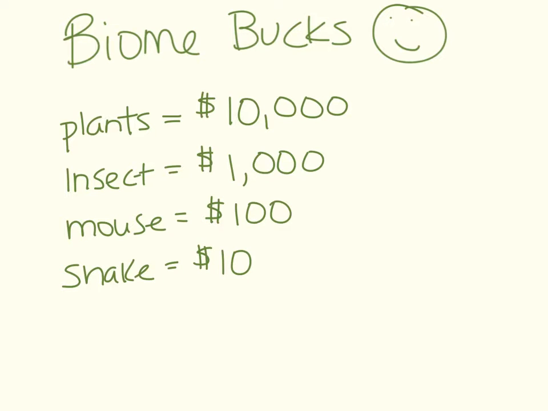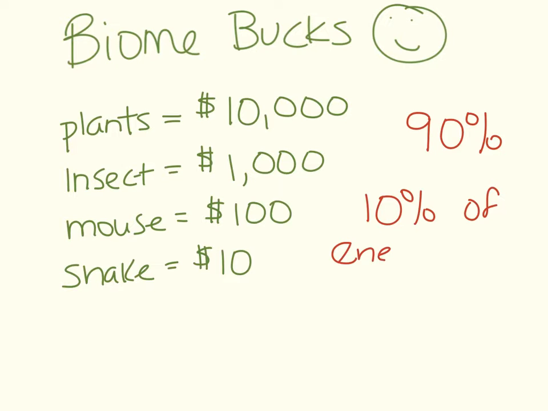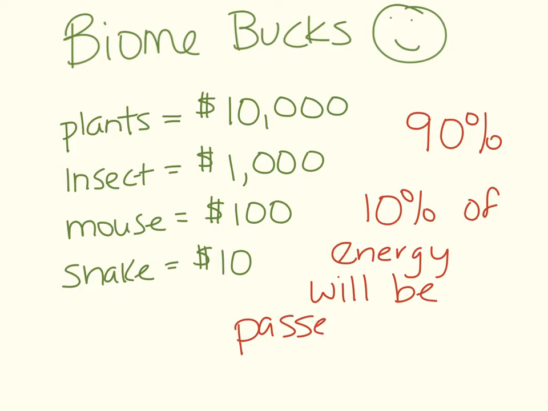So if we think of it in terms of these biome dollars, we can see that between each level we have 90% will be gone, and only 10% of the original energy will be passed on to the next feeding level. And we can see that here in this example.